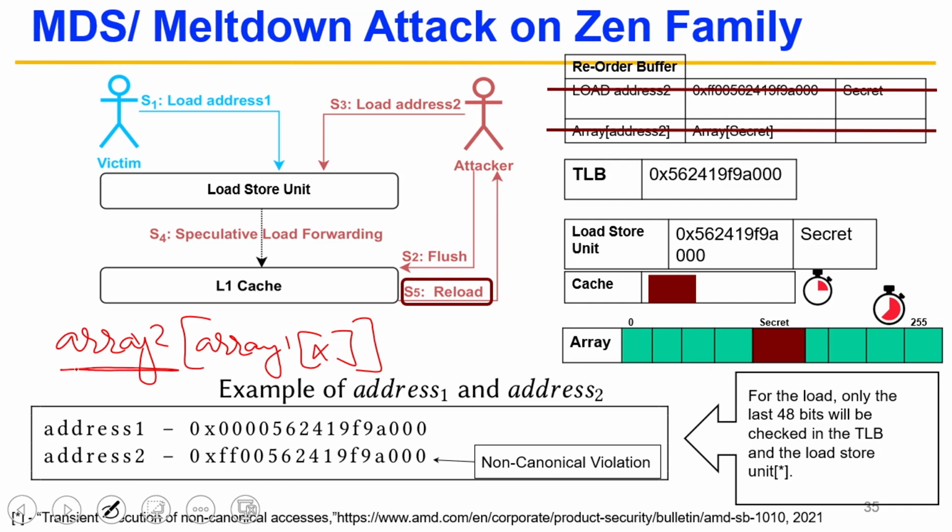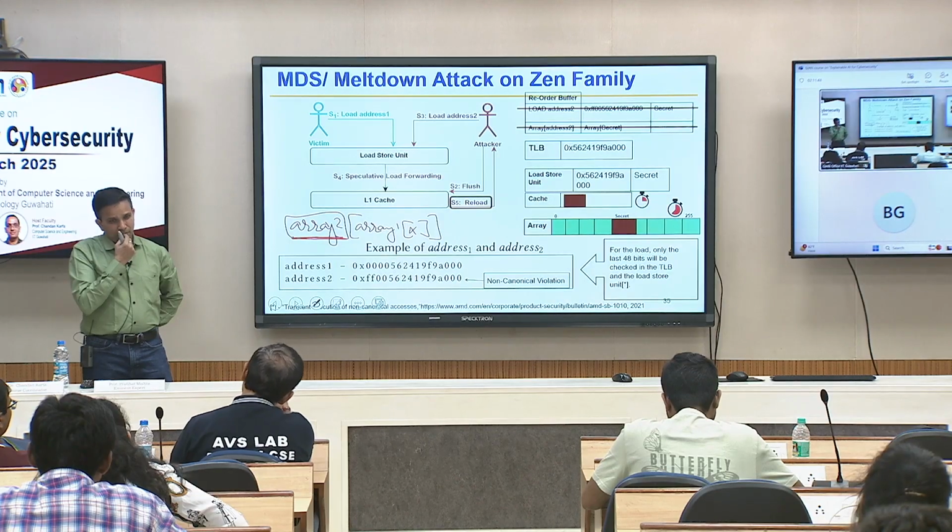For array 2, this particular address, there are two ways to look at it. One assumption is that array 2 has to be in the other person's space, but because of speculative execution that data comes in, otherwise this data will never come in. You should not put array 2 in the code, it may be something else.